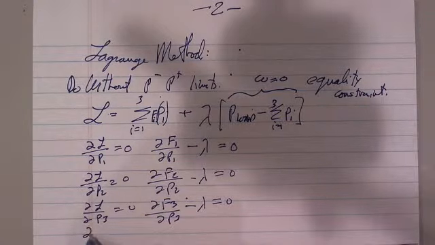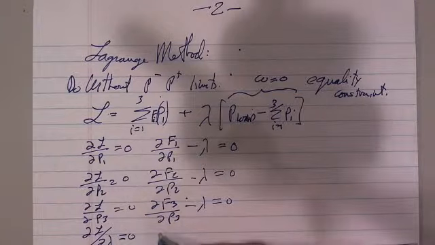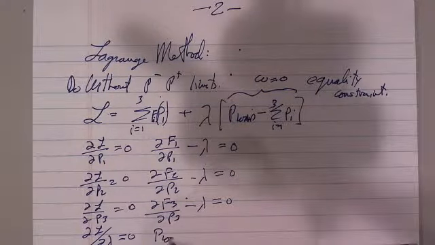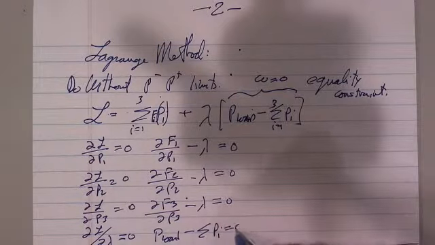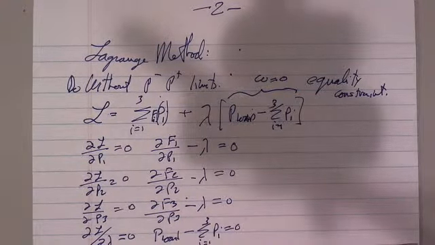Last of all, dL d lambda, you set that to 0. That one simply gives you back P load minus the sum from 1 to 3 of Pi. So it just gives the constraint back.